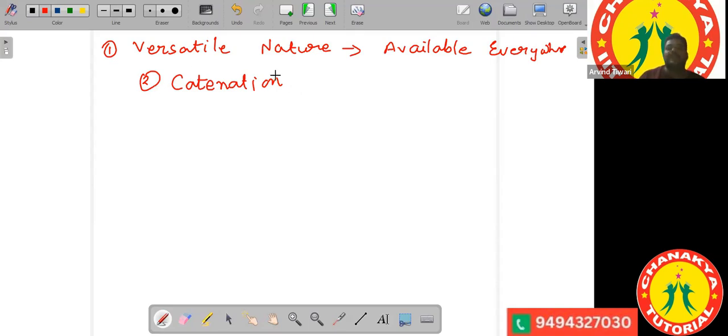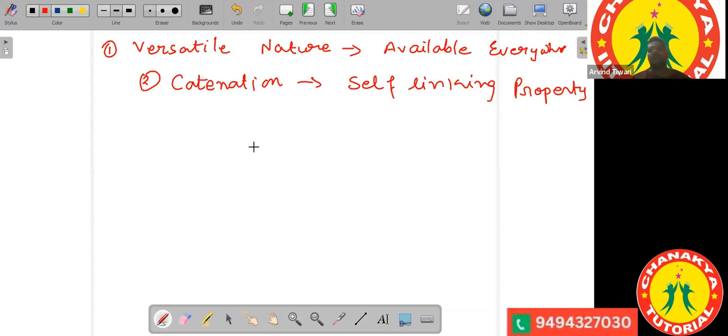So see catenation. What is catenation? It is the self-linking property of carbon. So this property of self-linking is limited only to carbon. There is no other element in the complete periodic table.